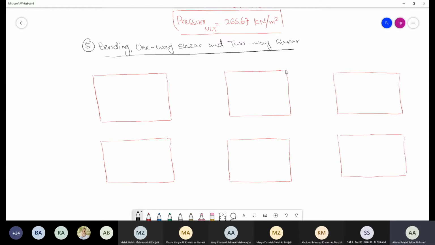So now you can see, for example, this is going to be my 3 meters.